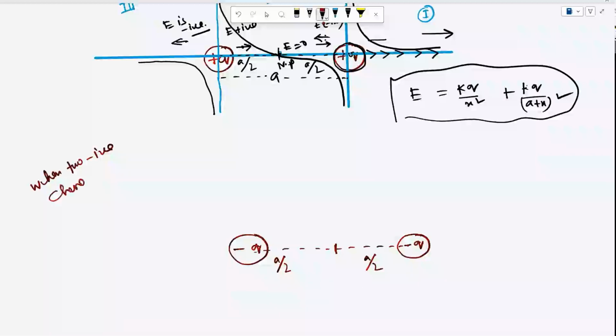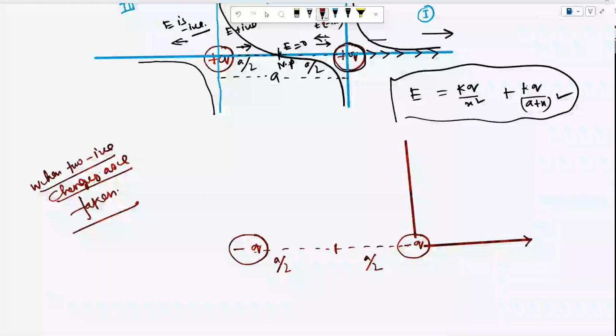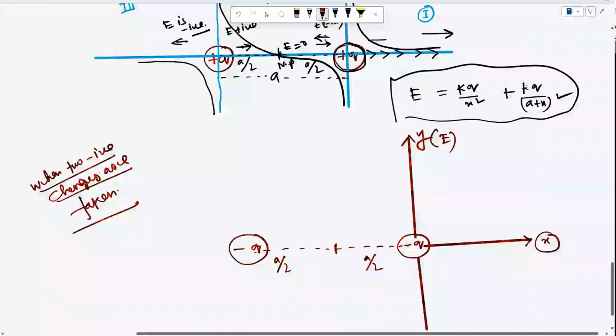What will happen to the electric field? Again you start plotting it: distance along the x-axis, the strength of electric field E along the y-axis, x along the x-axis.